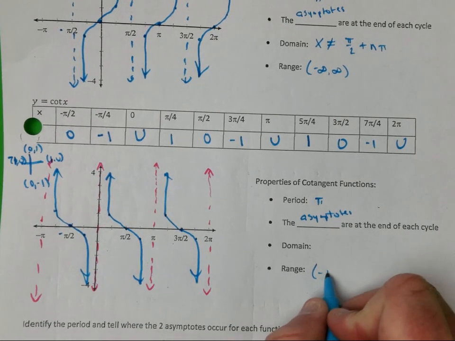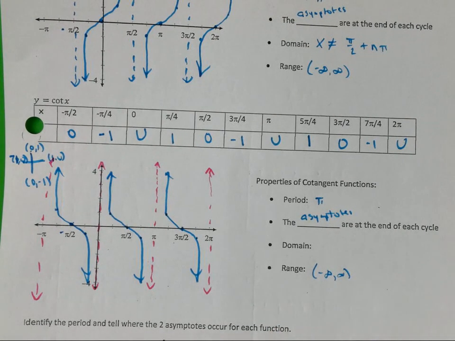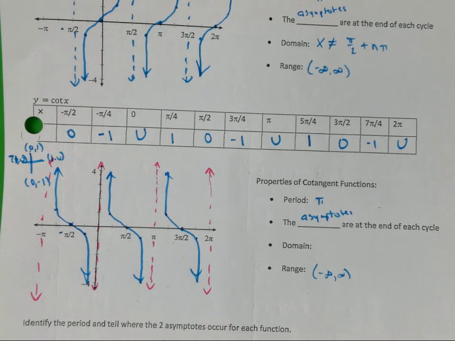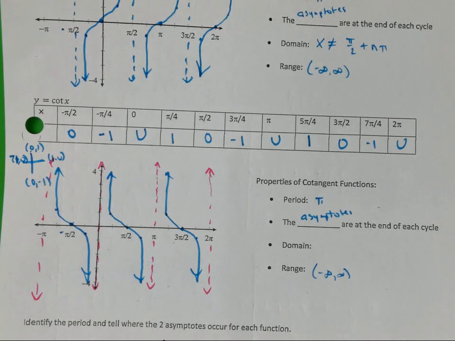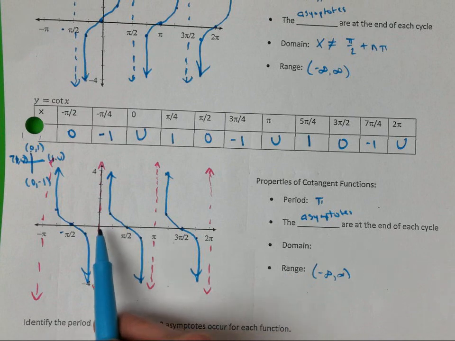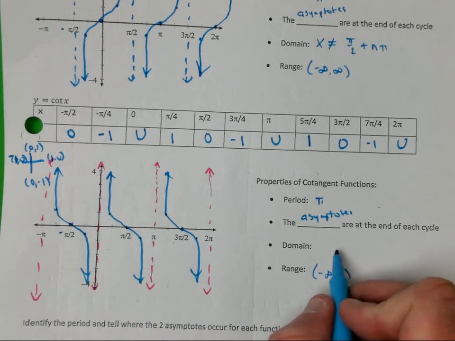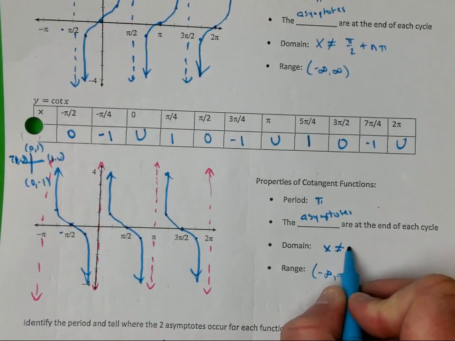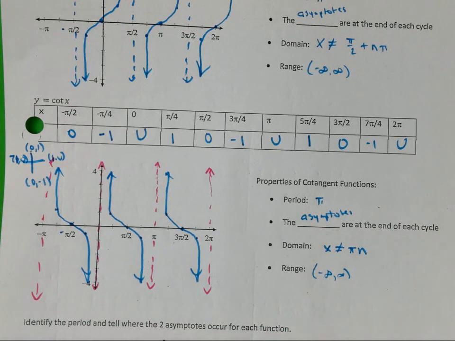Your range is all real numbers. And for domain, remember the asymptotes are at pi, so x cannot equal pi n. That would take care of that.